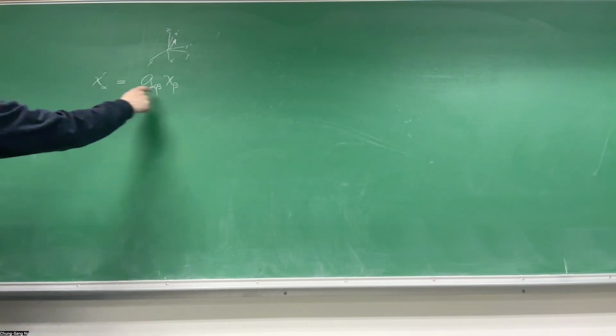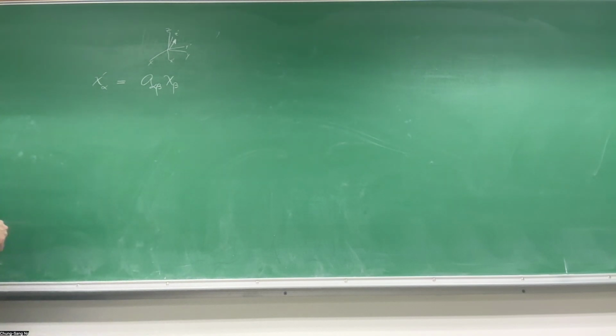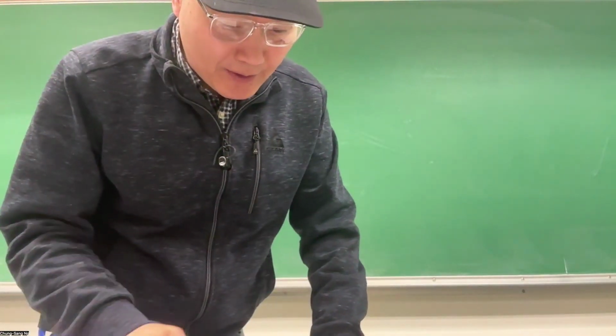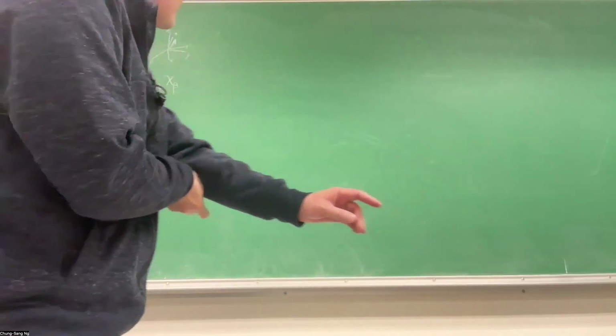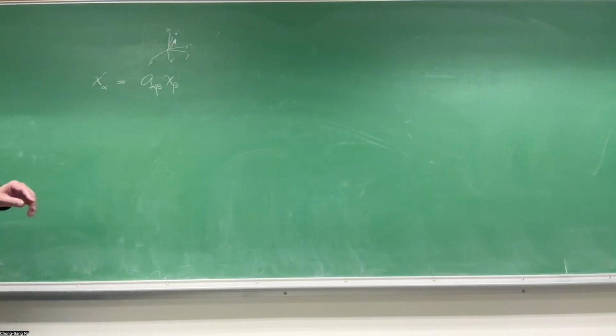Okay, so that's a transformation matrix. And then in order to say that the vector is something independent of your choice of coordinate, we require some constraint. The constraint is that the length of the vector is invariant. So whatever your choice of the coordinate system, the length of the vector doesn't change.